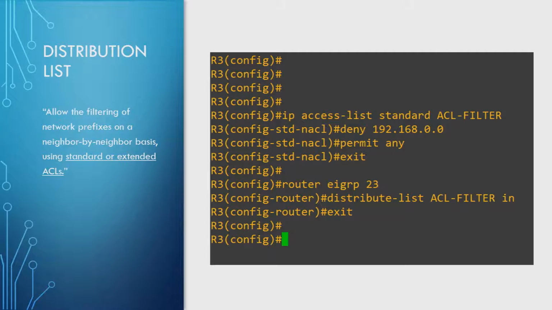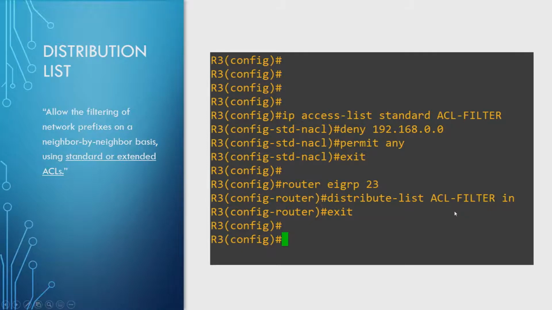and filter lists. Distribution lists, they control how you distribute traffic, how it's actually distributed. So on the right hand side of the screen, we've just defined an ACL, and then underneath that, if you look at the router EIGRP 23 statement, inside of that protocol, we have distribute-list ACL_FILTER, which is the name of the ACL, in.